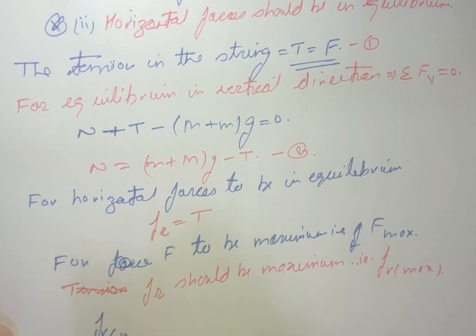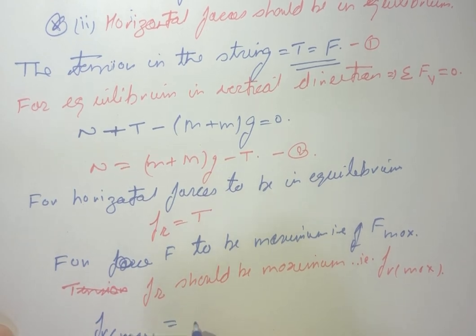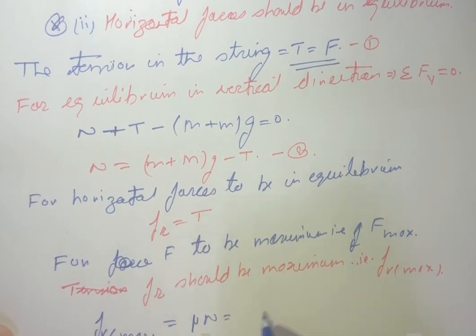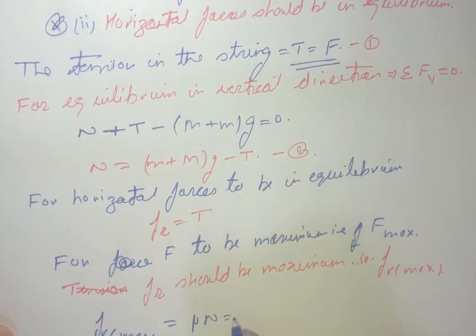Fr max is equal to mu into normal, and our normal we already found as per equation 2.